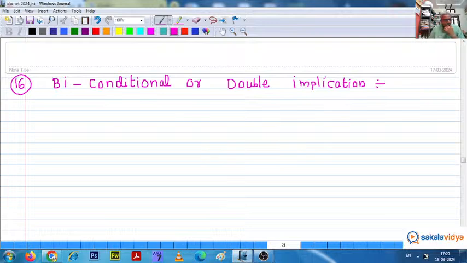Now, biconditional or double implication. This is also a compound statement.